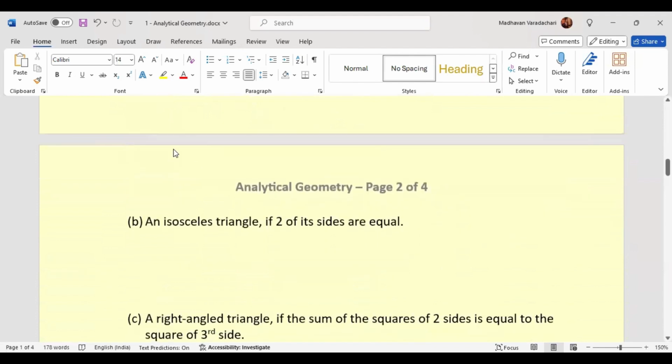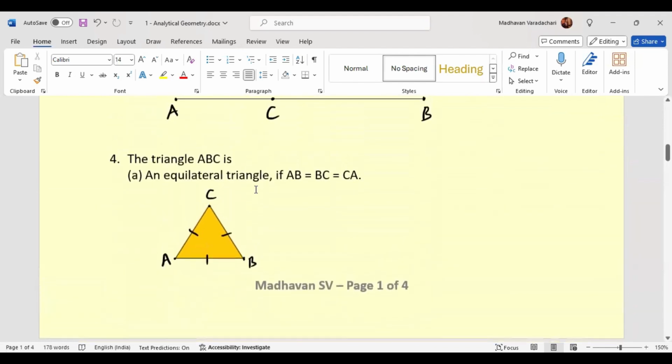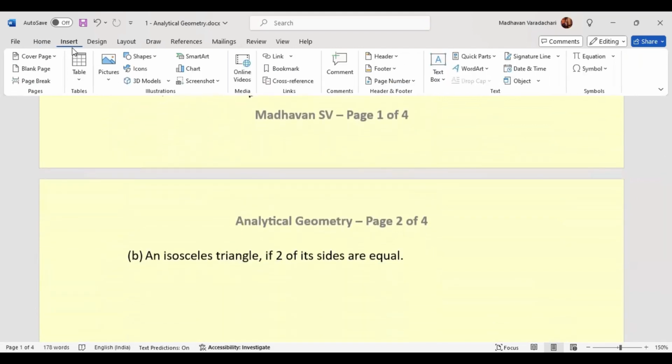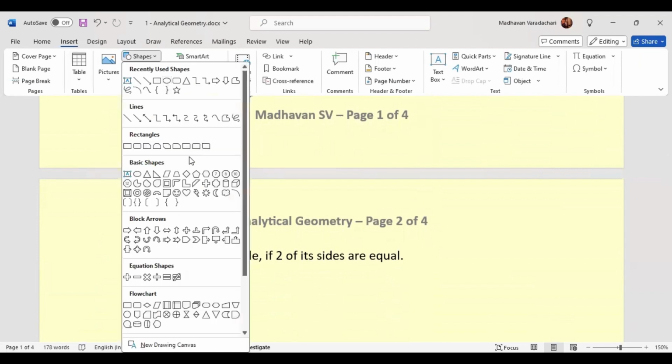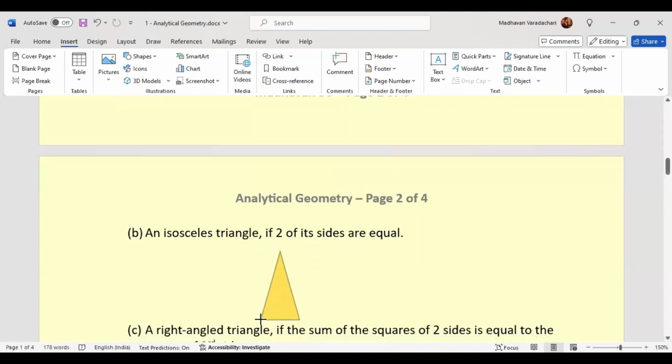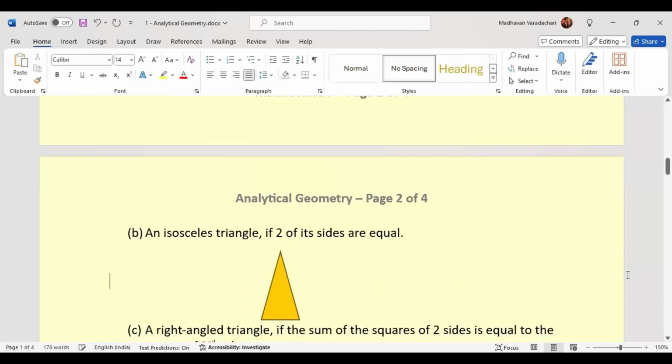Let us move on. Isosceles triangle. A triangle ABC is an isosceles triangle if two of its sides are equal. Let us draw one isosceles triangle. Let us consider this as A, this as B, and this as C. So we may notice AC is the same as BC, but AB is different.